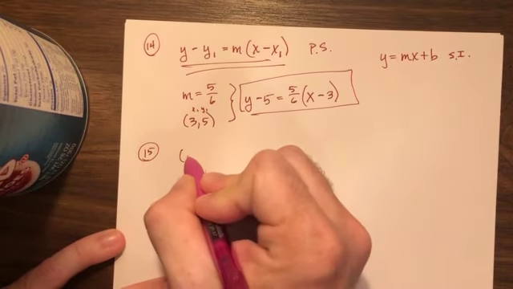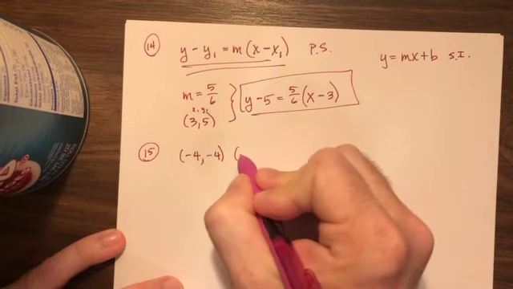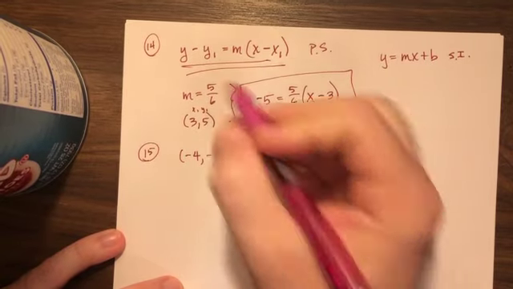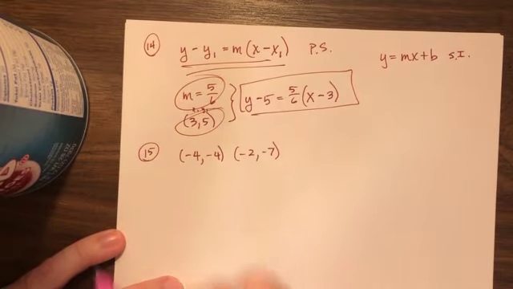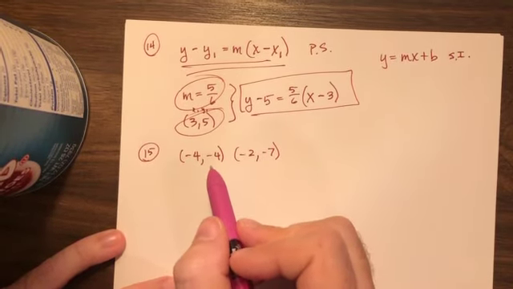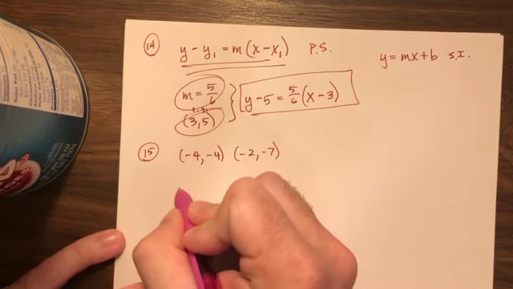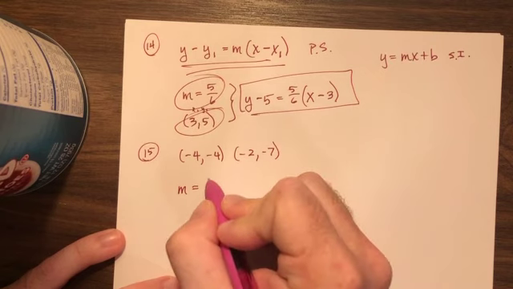The next one, they only give you 2 points. So (-4, -4) and (-2, -7). Now the two things you need are slope and a point. Well, they gave you an abundance of points if all you need is 1, but they didn't give you the slope. You need that. So you need to use the old slope formula to figure it out.